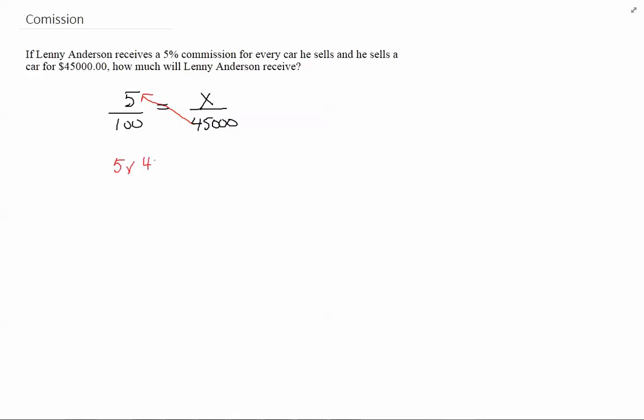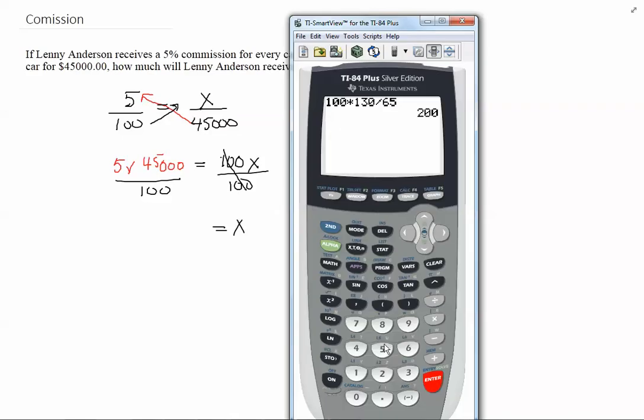5 times 45,000 will equal 100 times x. We divide by 100 to isolate our x, and let's again calculate. 5 times 4,500 divided by 100, and we get, I think I might have, see, I did 4,500 instead of 45,000.